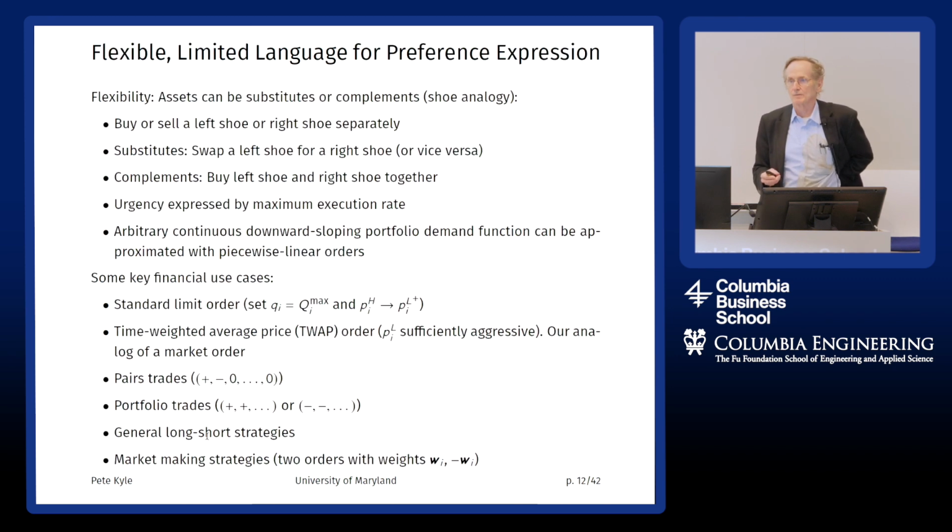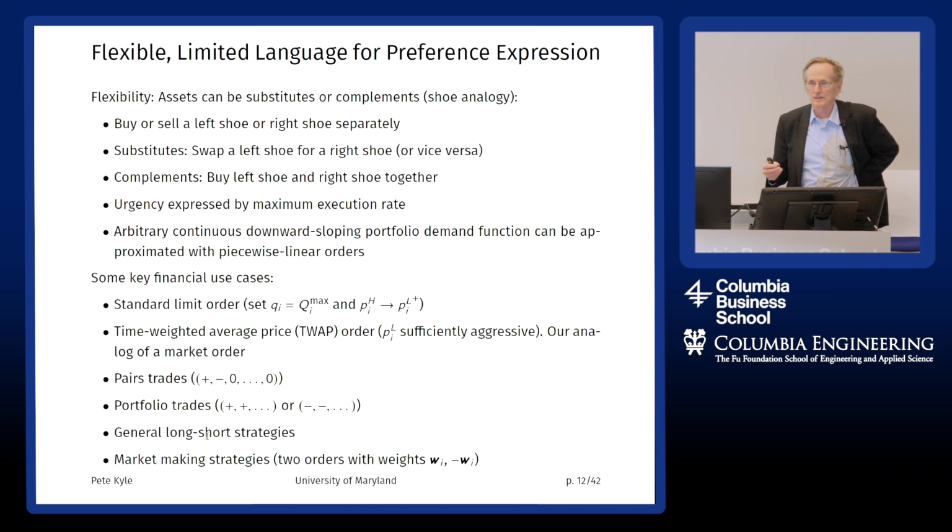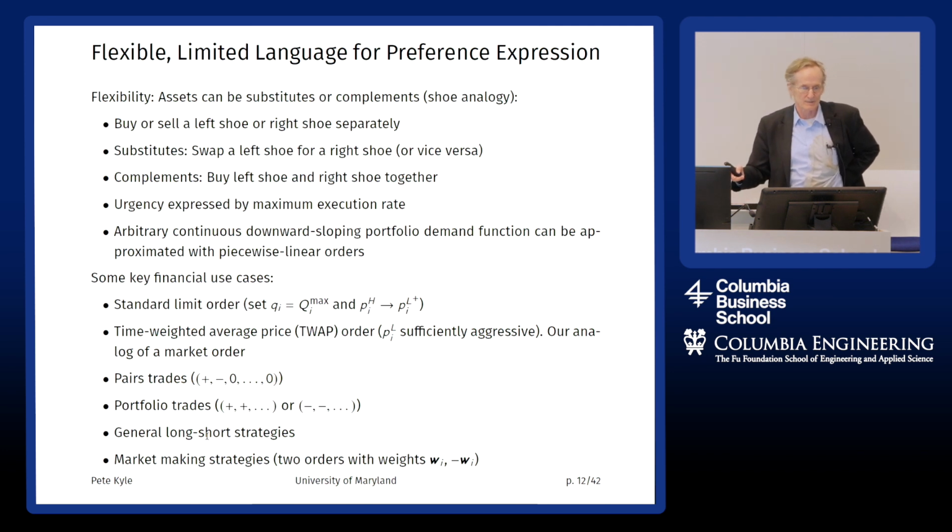So what do we have here? We've got a flexible, but we say limited, language for traders to express a way of trading. You could call it preference expression, but I don't think of it as them expressing their utility functions in some honest sense. They're just telling the market what kind of trade they want to execute. And it's fairly flexible because it allows substitutes and complements in some sense.